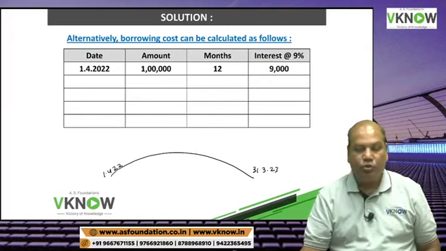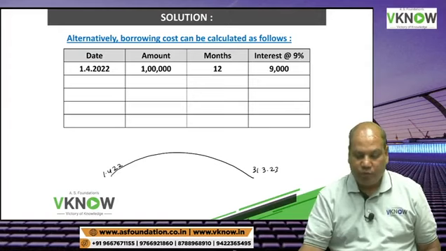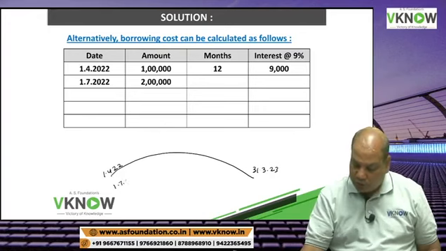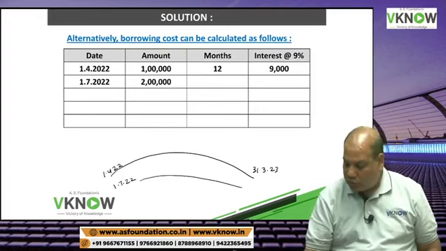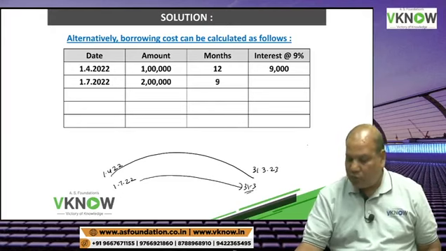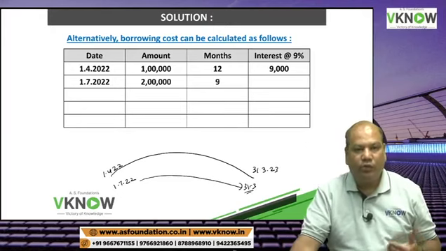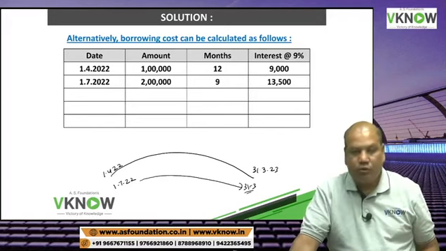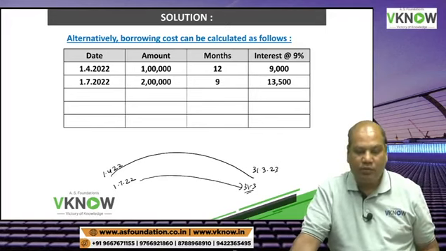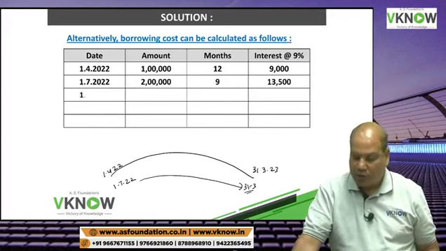So that comes to 9,000, right? Then next is 1/7/22, 2 lakh. From 1/7/22 to 31st March is 9 months. So here I will calculate interest for 9 months, which is 13,500.